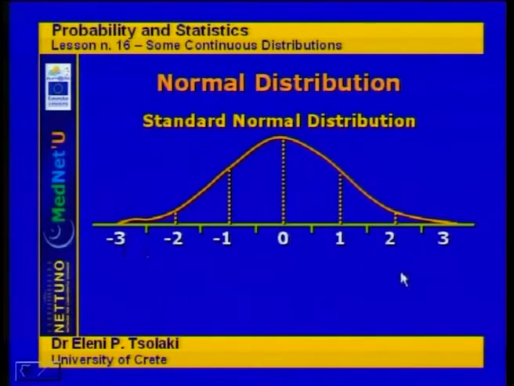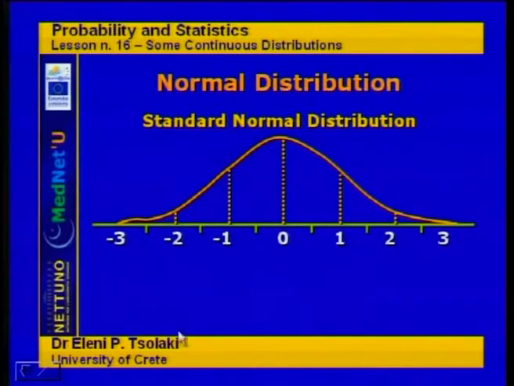Here we have a plot of our standard normal distribution. We see that it is bell-shaped, as we said before, and it is symmetric around the mean. We are talking about the standard normal distribution here, so the mean is 0.